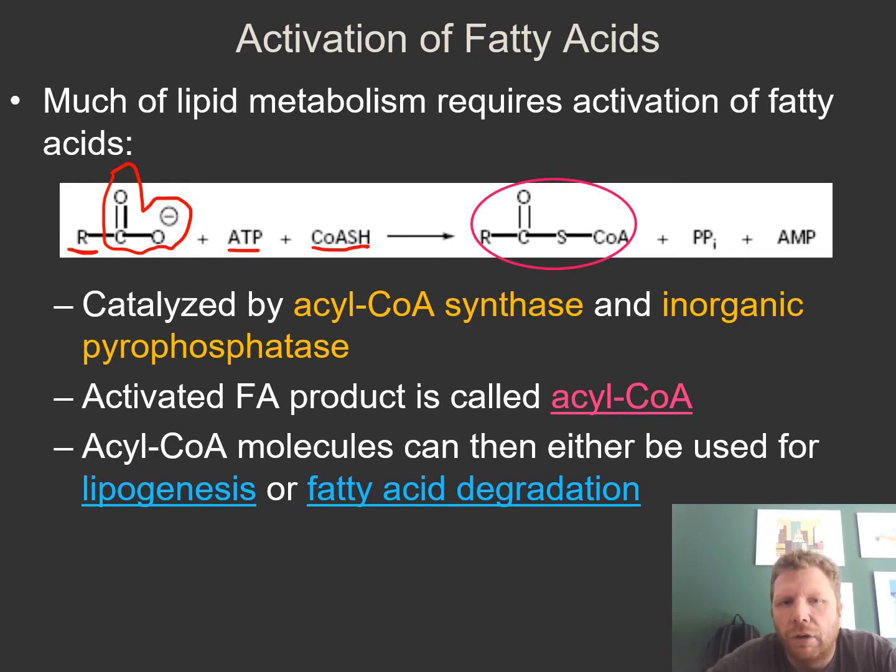It's going to cleave ATP into AMP and release inorganic pyrophosphate. So what we have to have is acyl-CoA synthase and inorganic pyrophosphatase. Ultimately, this produces the activated fatty acid product called acyl-CoA. Our acyl-CoA molecules can then be used for either lipogenesis or fatty acid degradation.